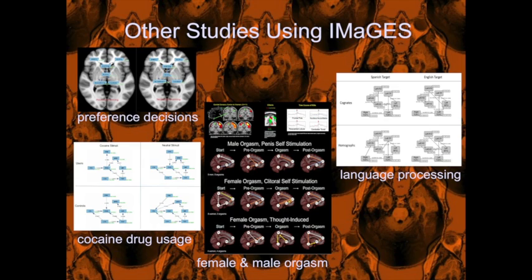And finally, another project which I don't know a lot about, but I was a consultant on, again, just for the data analysis, and that has to do with male and female orgasm or sexual response. And this was part of a poster that they had presented at SFN, Society for Neuroscience. Apparently got a good rave.